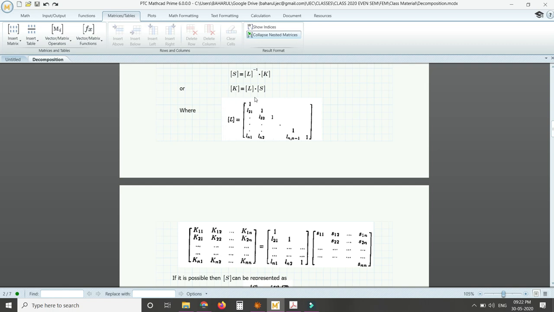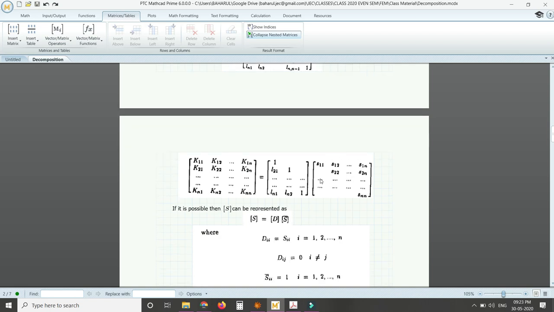Now if I write this particular equation in the form of a matrix, it can be represented like this. Here S is the upper triangular matrix, that is the final matrix we are looking for, right? And this is the L matrix and this is the K matrix. Now this upper triangular matrix can also be represented in this manner: matrix S is equal to matrix D into matrix S bar, where D is only a diagonal matrix and S bar is an upper triangular matrix, such that Dii is equal to Sii, where i is equal to 1, 2, 3.